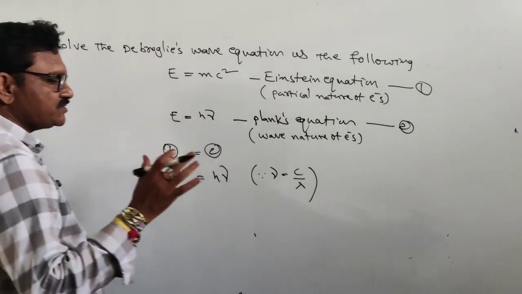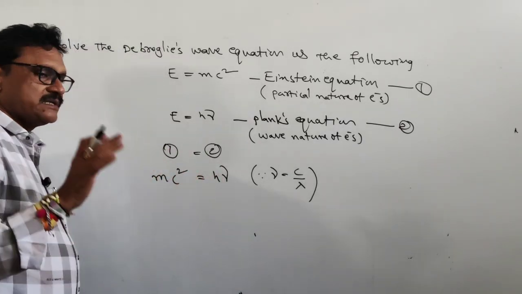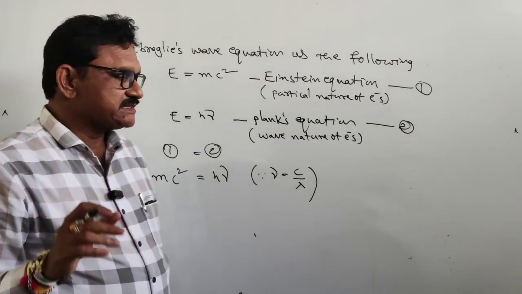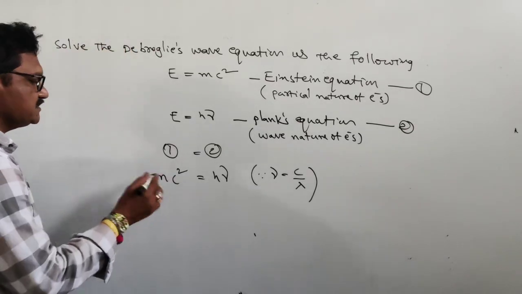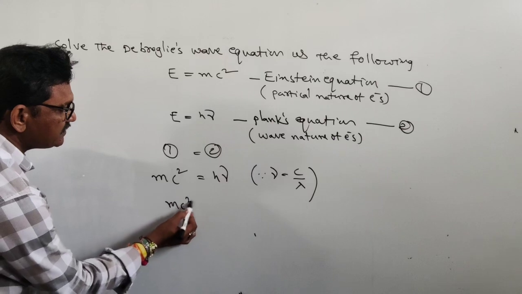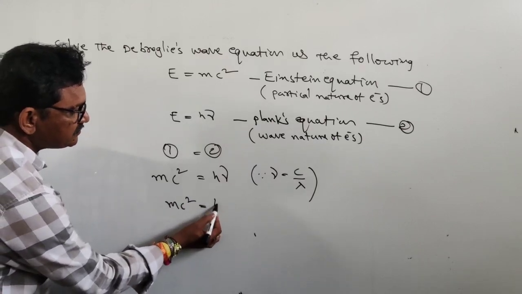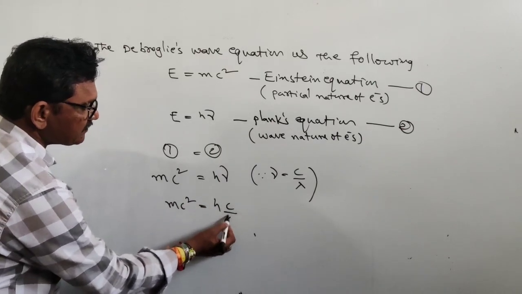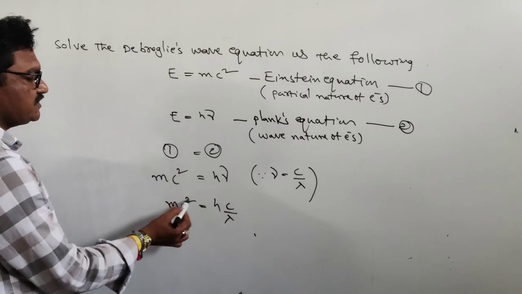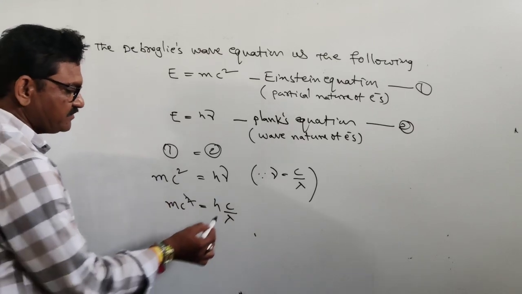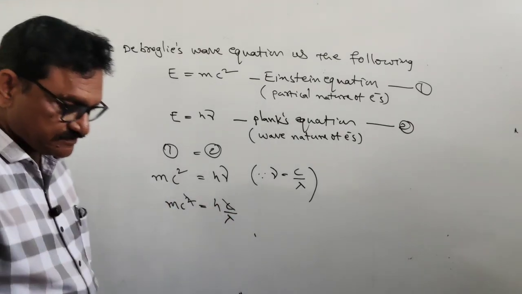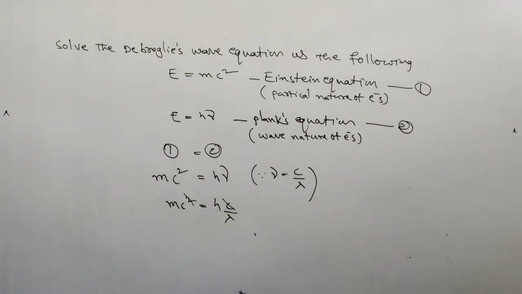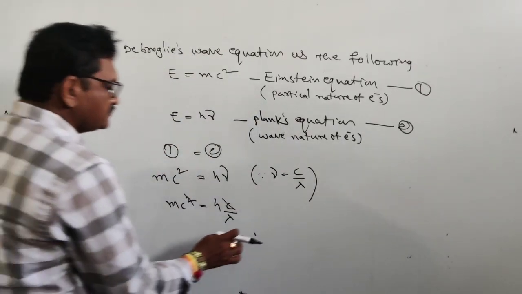Because we are studying microscopic particles, subatomic particles, electrons particularly in atomic structure. Then see, mc square is equal to h into mu, which is c by lambda, isn't it? So here you can cancel the same terms, c cancels.